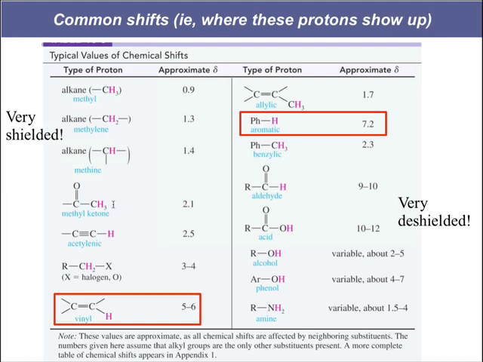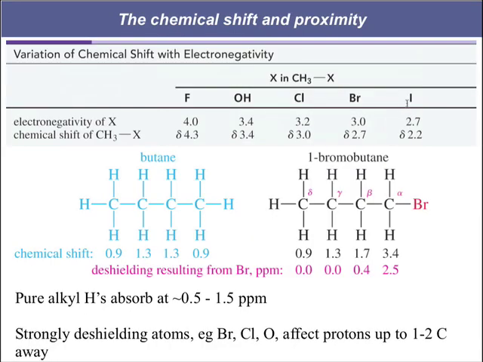We call that, say, a methyl ketone functional group. Shows up at 2.1. That's a very common shift. Acetylenic hydrogens, so hydrogens on acetylene, show up at about 2.5. Hydrogens that are alpha to a halogen or an oxygen, we saw showed up around 3.4. Iodine is a little bit lower than that, but generally speaking, halogens or oxygens will shift around 3 to 4.